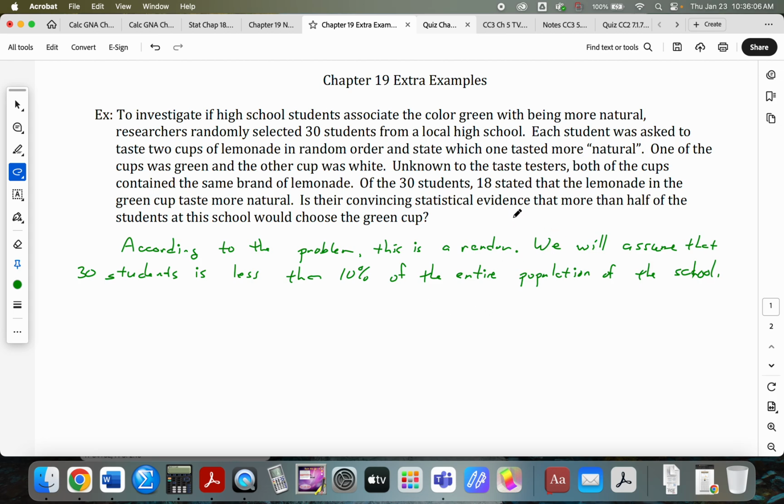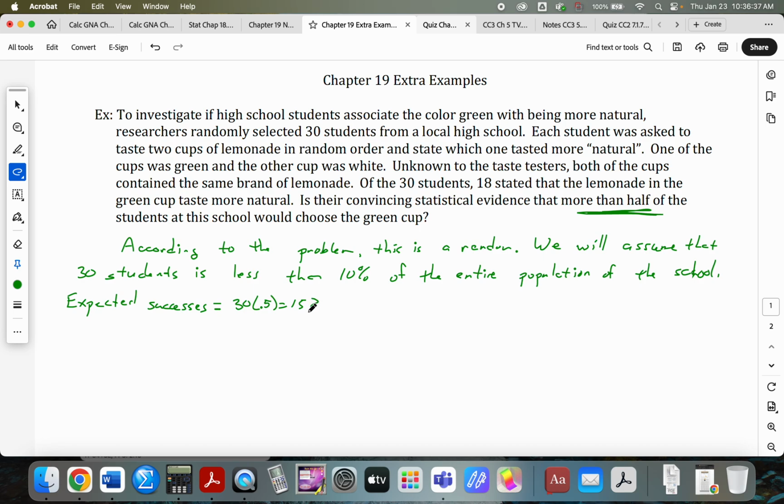So we're interested here in more than half, right? So our expected successes is going to be, well, 30 times 0.5, right?